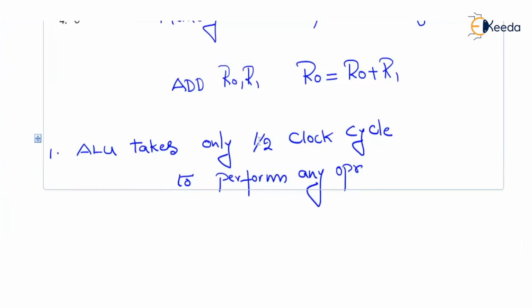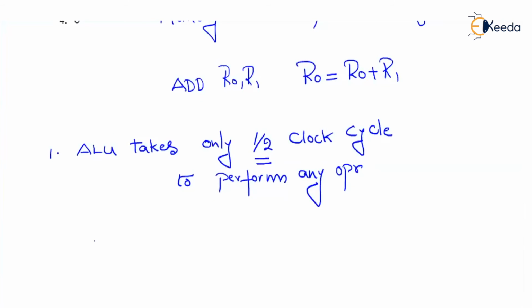Just half a clock cycle is needed to perform any operation, regardless of what kind of operation it is. For simple operations such as addition, subtraction, and, or, not, the ALU requires only half a clock cycle.